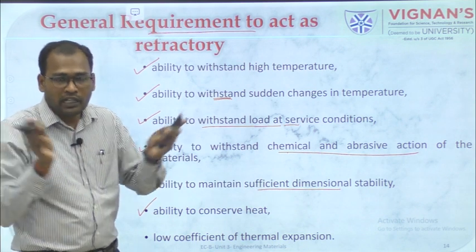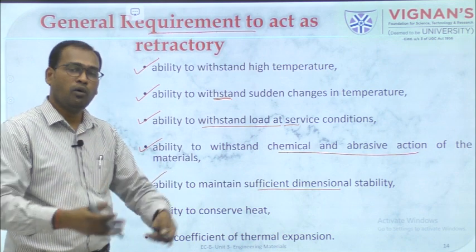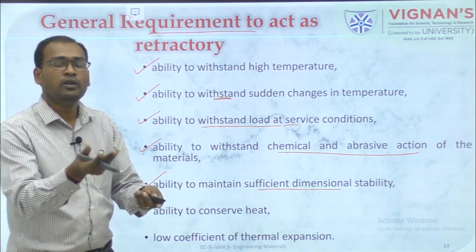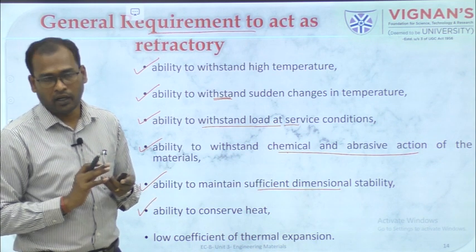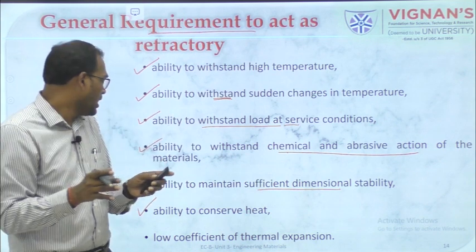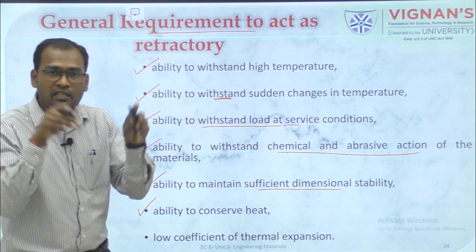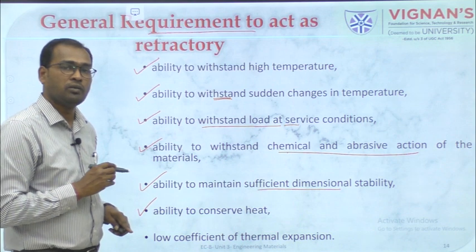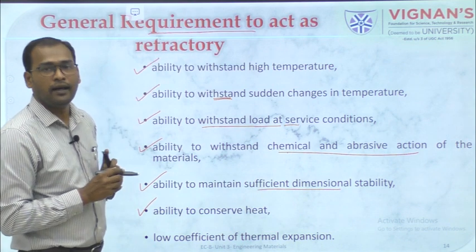If it dissipates the heat, you will be supplying more heat in order to get the job done, and you will end up wasting energy. So the refractory material should conserve the heat inside the furnace.